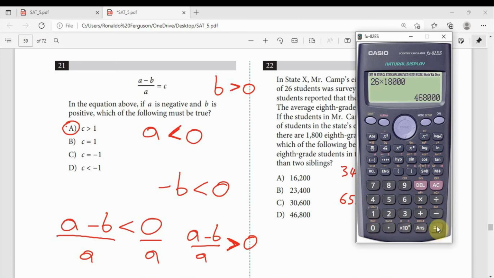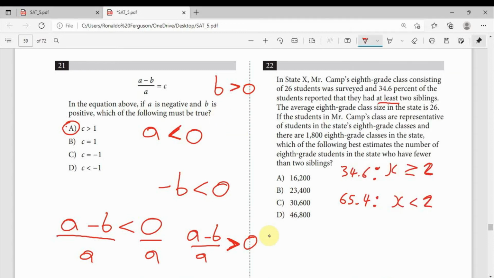This is the total number of 8th grade students in the state, which is equal to 46,800.